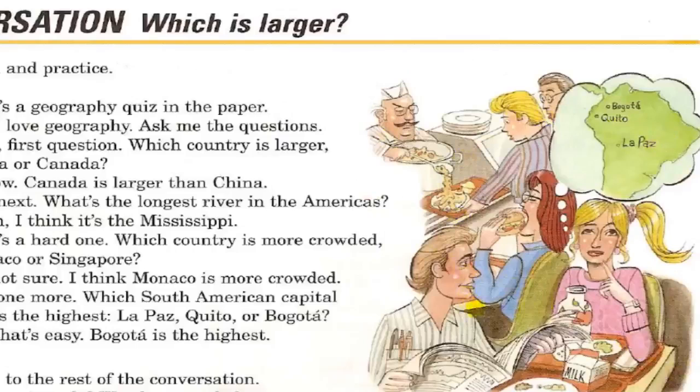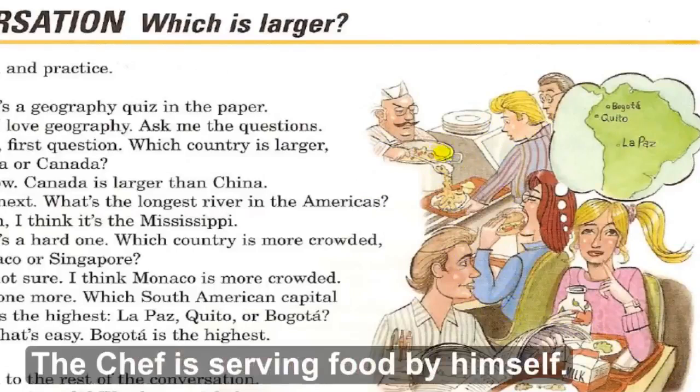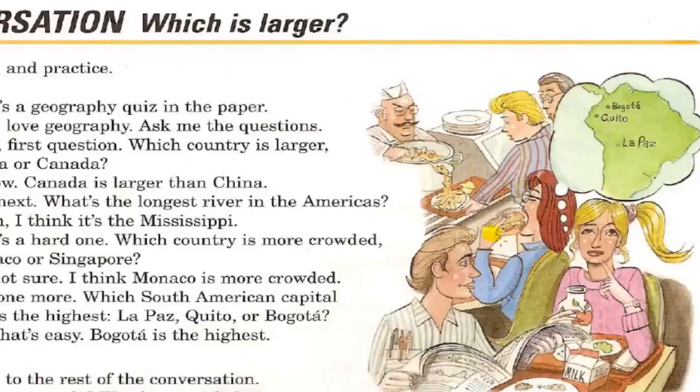People. Where are they? They are in a restaurant. This is a chef. And what's the chef doing? The chef is serving food. Yes, the chef. We also have a waiter. Maybe he's a chef or a waiter. People are eating.